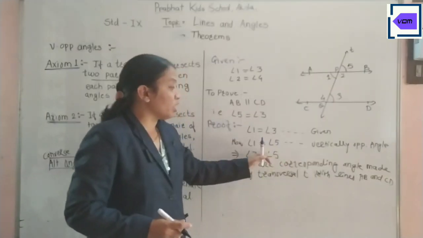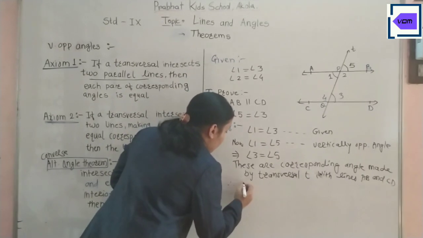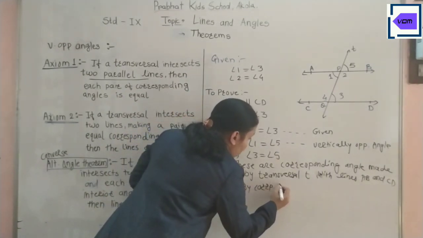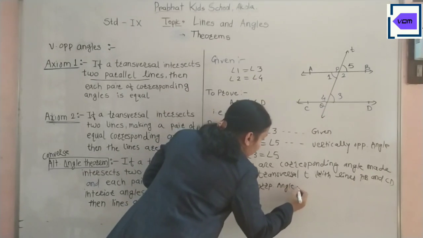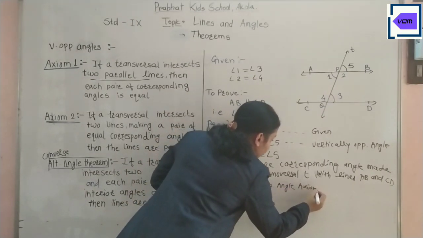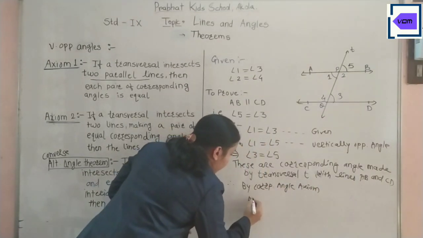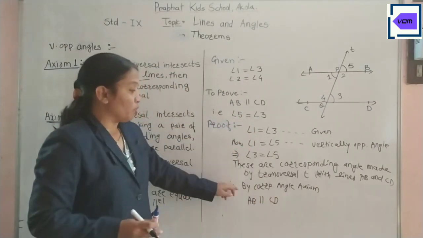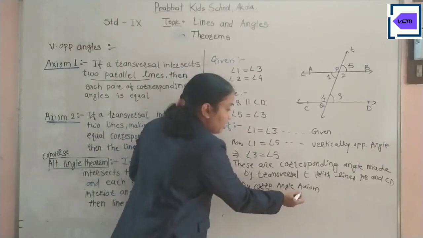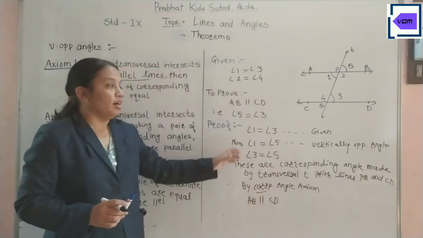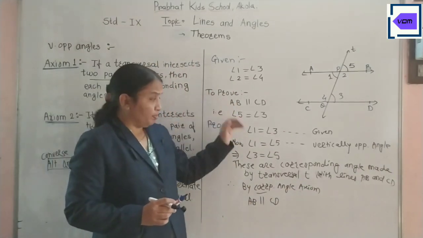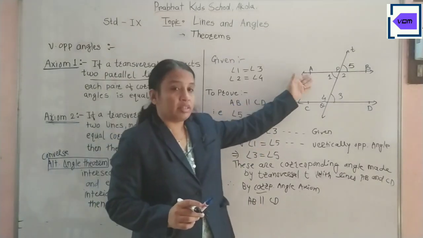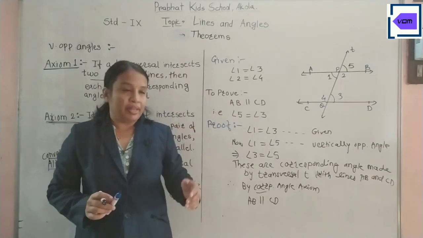These are nothing but the corresponding angles. Therefore, by the corresponding angle axiom, line AB is parallel to line CD. And this you have to write. If you are not writing these reasons, you will lose the mark. Now try to write these angles symbolically, in three letters, as we have done previously.